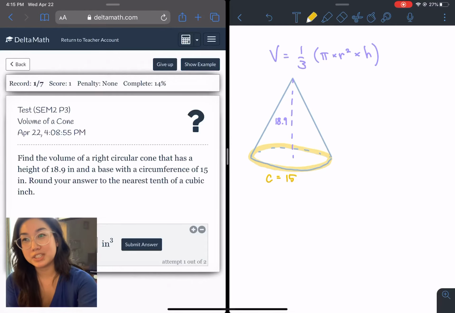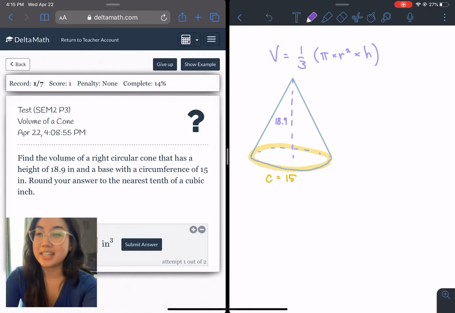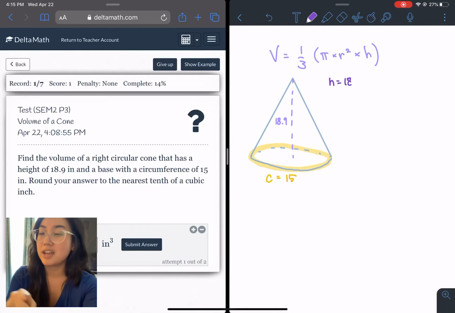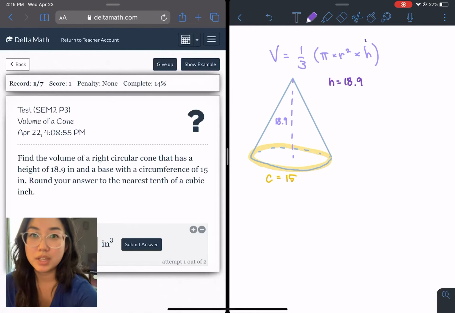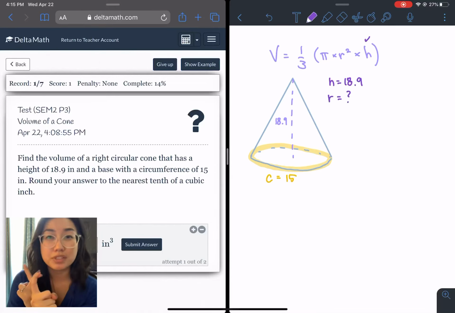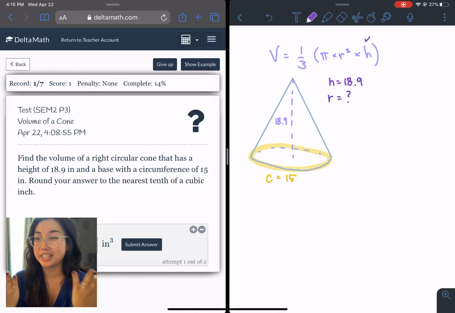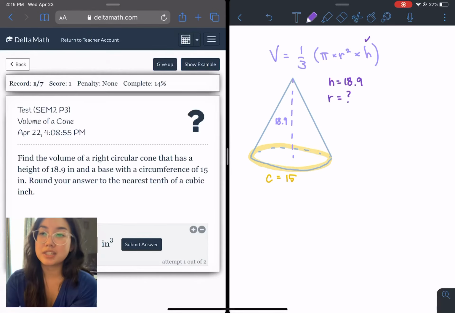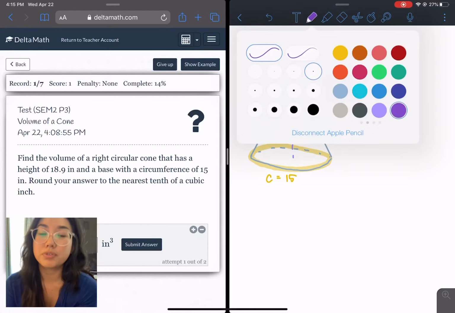So with the information, I highlighted that the circumference or the outside line is 15. So in this problem, we're given the height, but now we want to figure out what is our radius. So I'm going to go back to the circumference to solve for the radius.